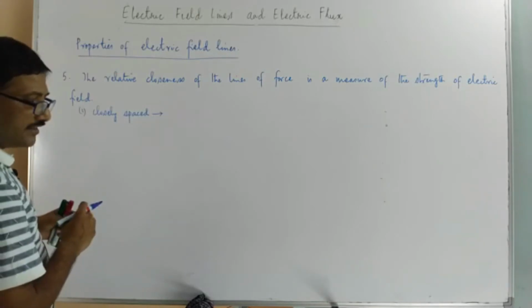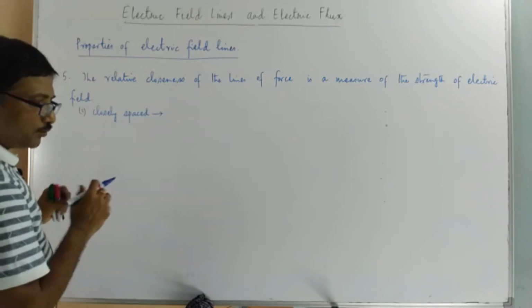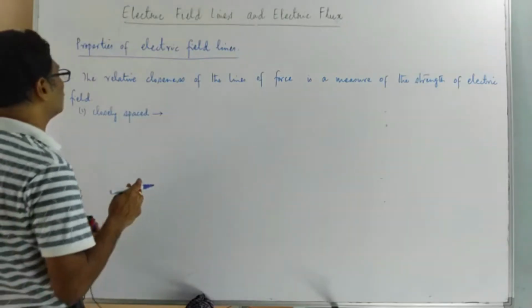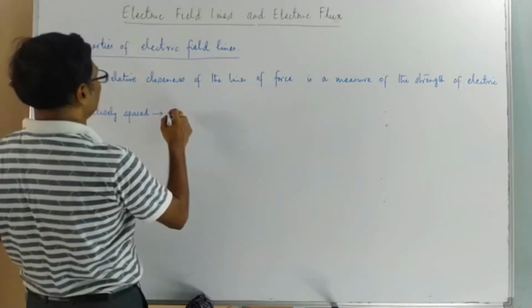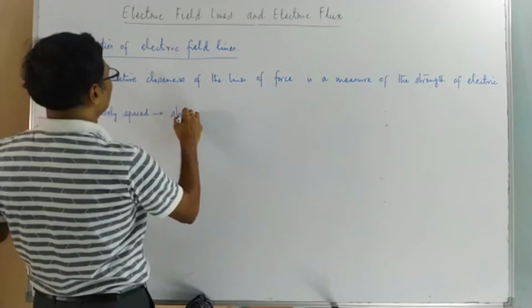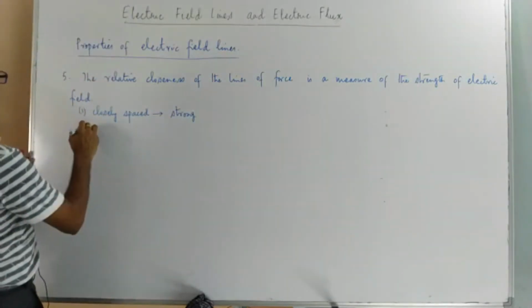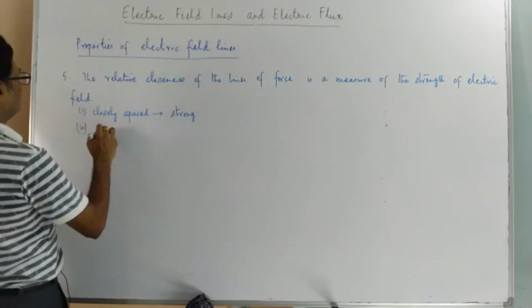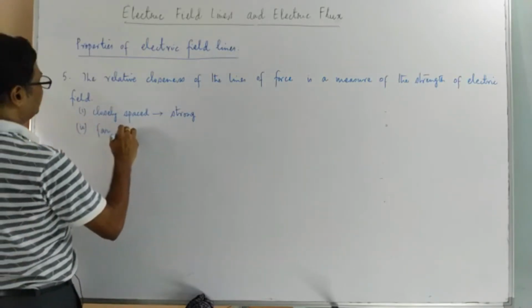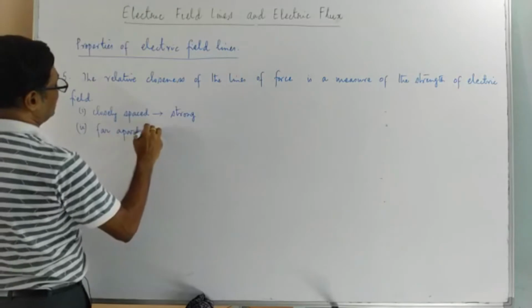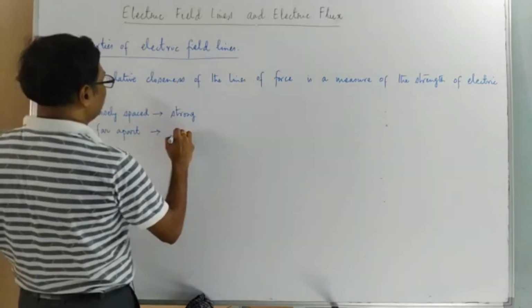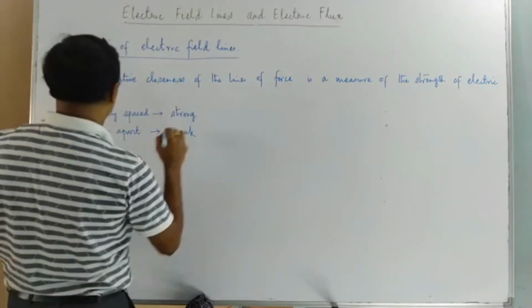So the electric field is strong between 2 point charges. So when you have closely spaced electric lines of force, we have a strong electric field. If they are far apart, it means that the electric field is weak.